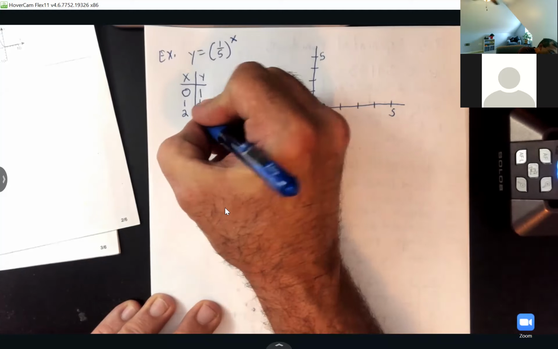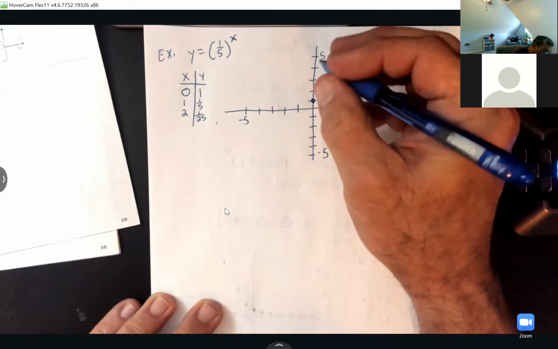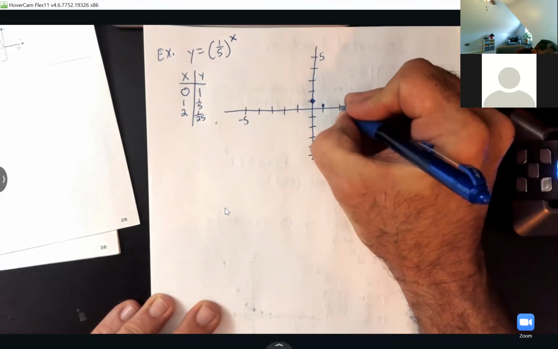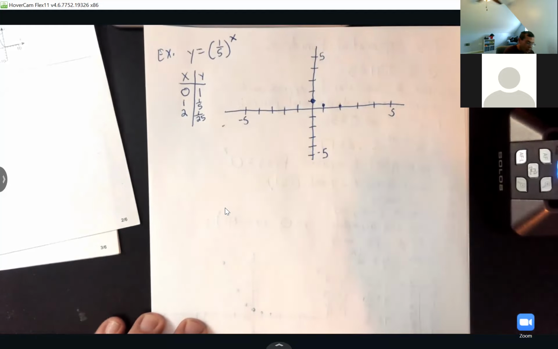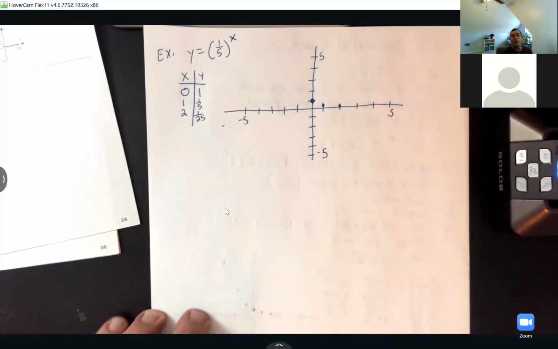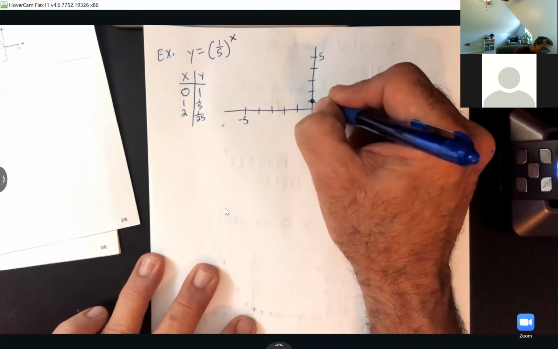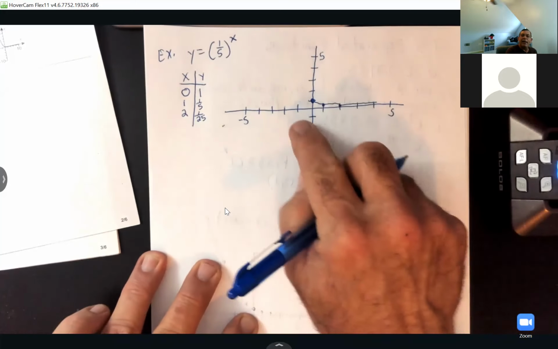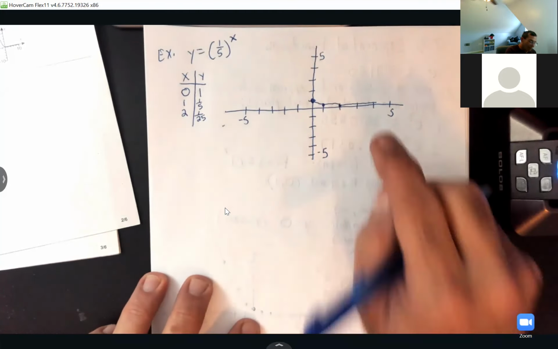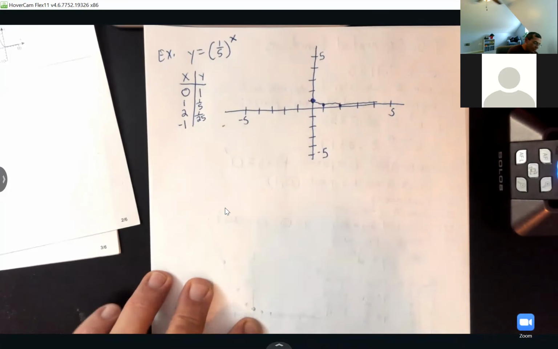So that gives you a 1/25. So that's pretty small over here at 2. Woo, that's barely going to be above that x-axis because you're starting to get really close to 0 going to the right. But it never will get to 0, so it's going to make its horizontal asymptote headed out to the right this time. So let's see what happens with these negative numbers.